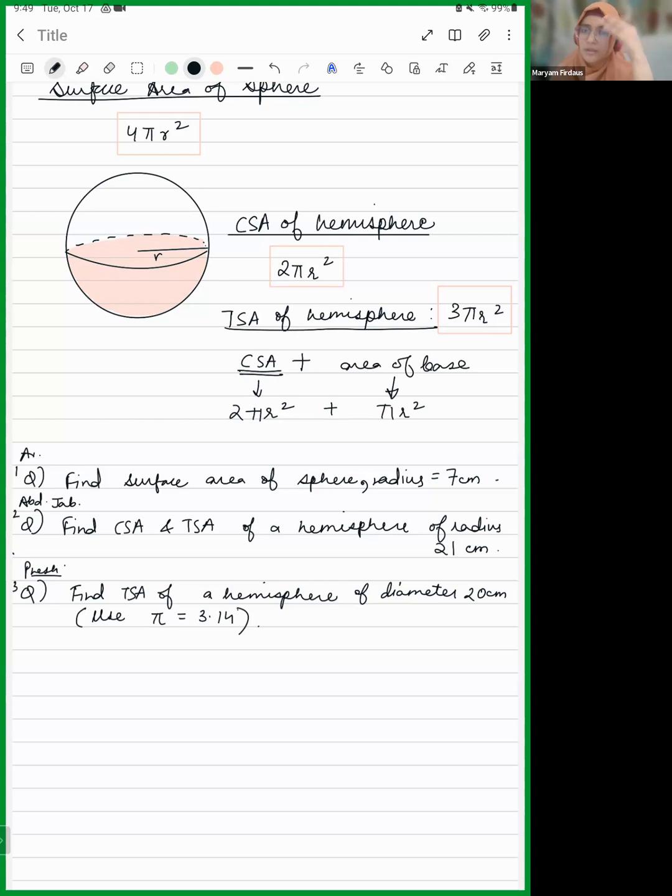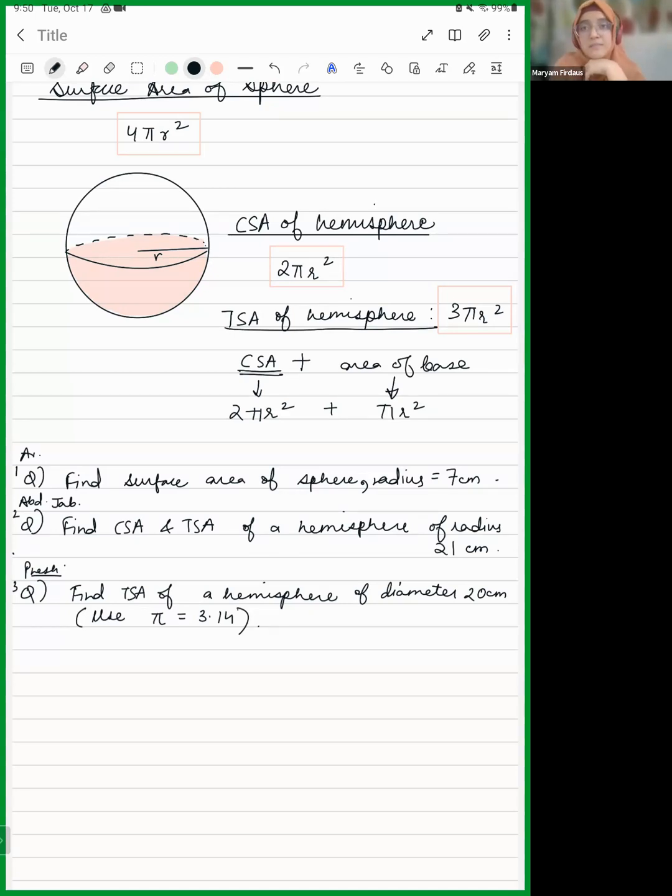It was 942 centimeter square. Okay, good. Now do the first one, Preshita. First one is very simple. Don't do that. Do the second one. Okay. Done, ma'am.